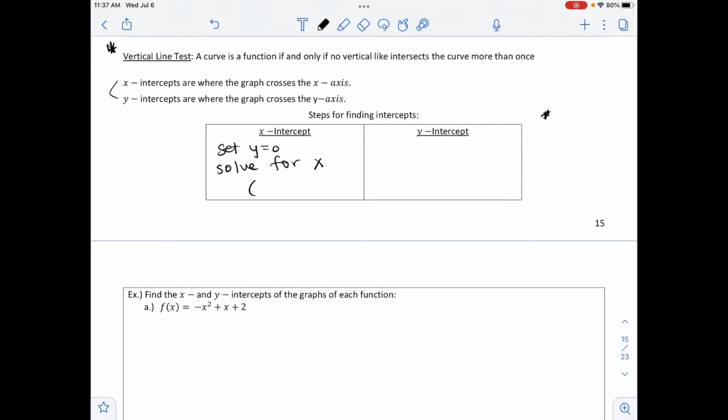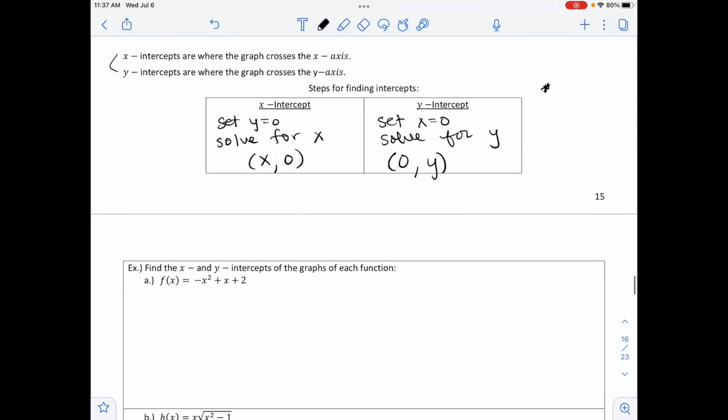When doing this, we're going to have an ordered pair of x, 0 for our y value. Likewise, for our y-intercepts, to find those, we're going to set x equal to 0, and we're going to solve for y. From this, we're going to have x is 0 and a value for y, and we'll have the ordered pair 0, y.